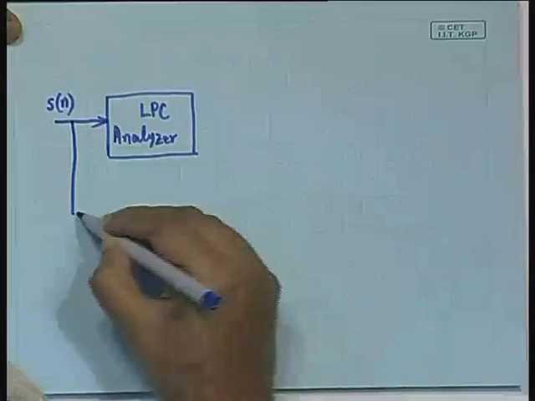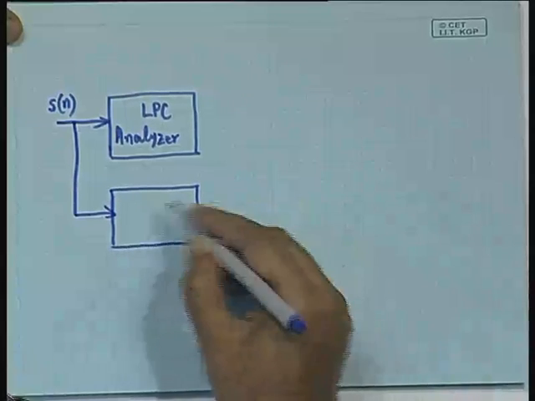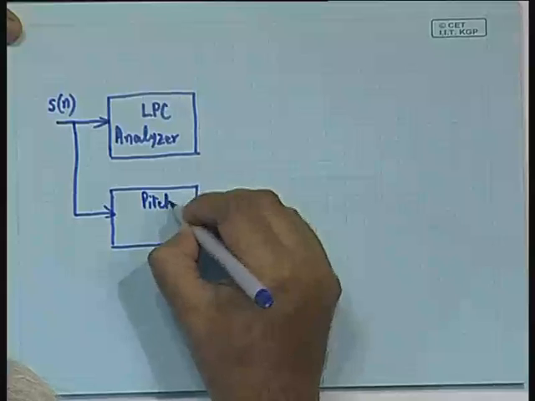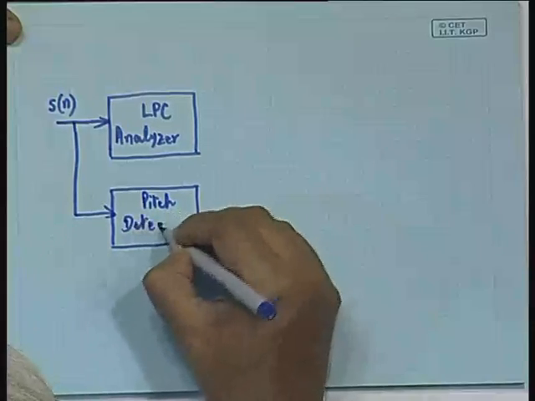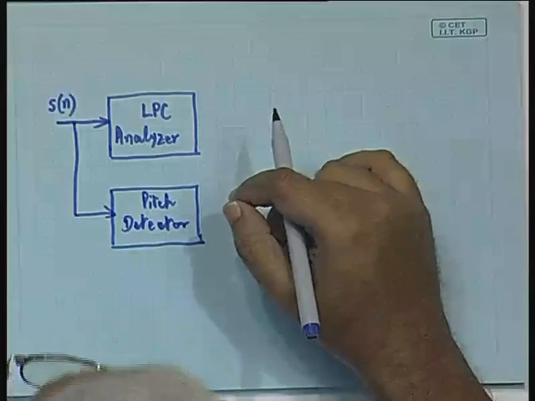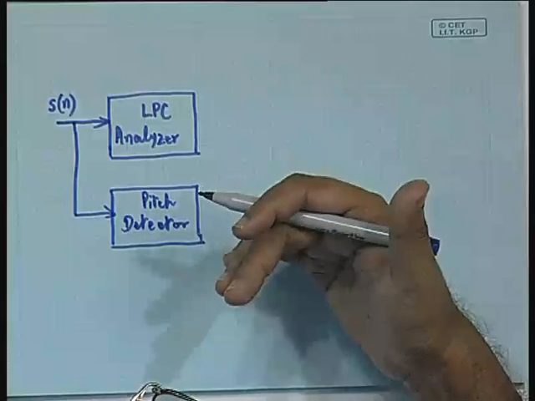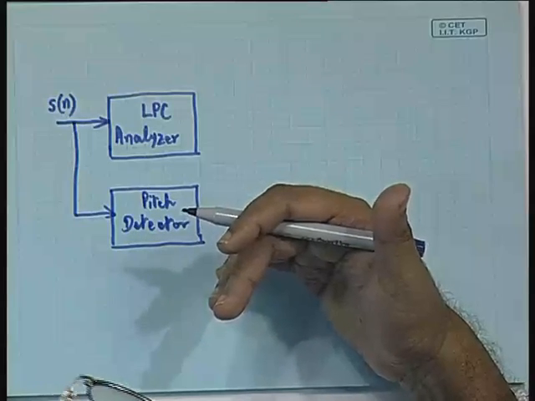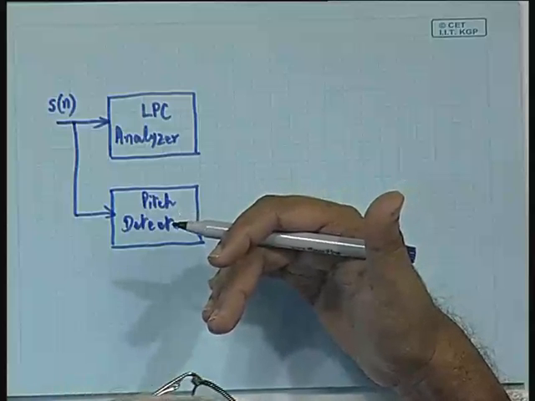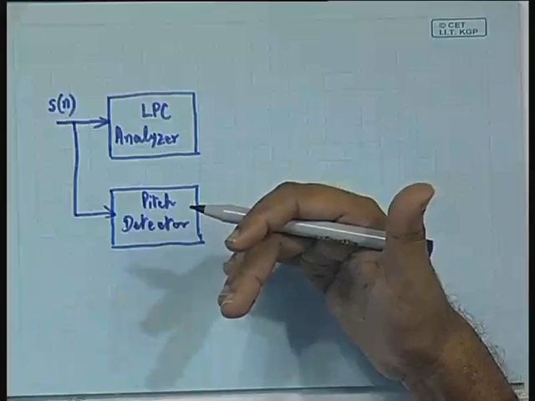Also, there is yet another processing which we do in parallel, and that is the pitch detector. This pitch detector will not only estimate the pitch frequency, but also generate information like whether it is the voiced segment or the unvoiced segment, and it will also tell us about the estimated gain.